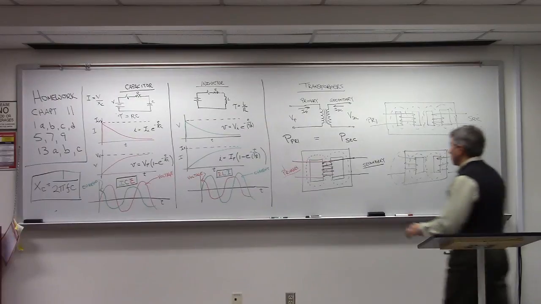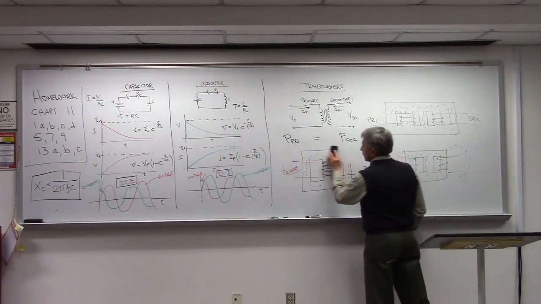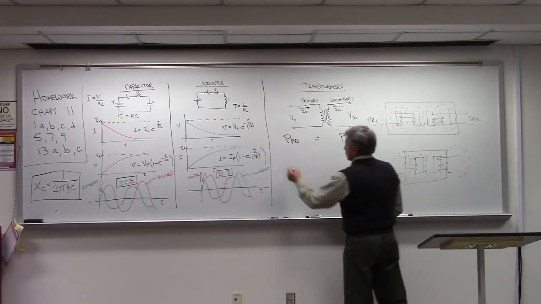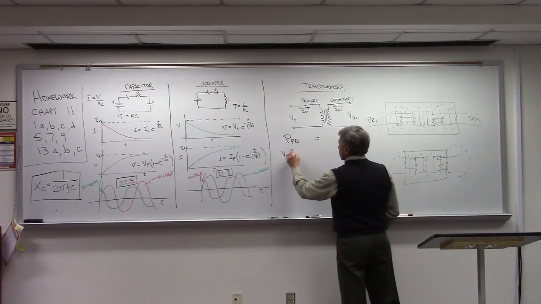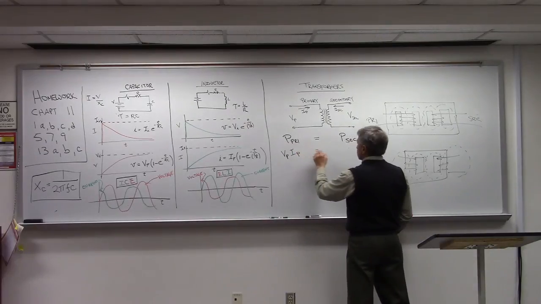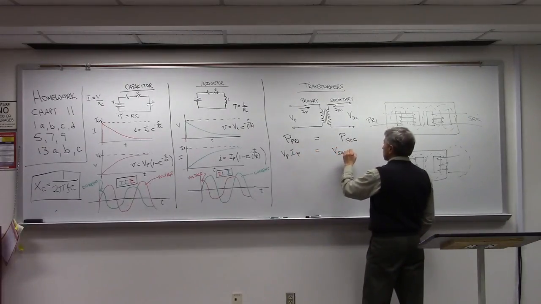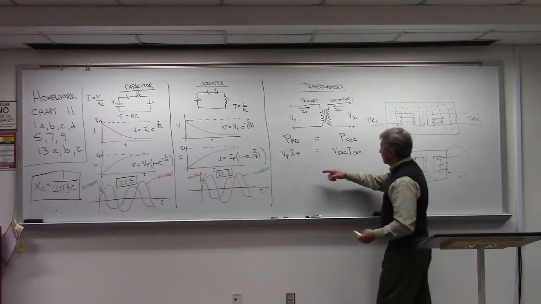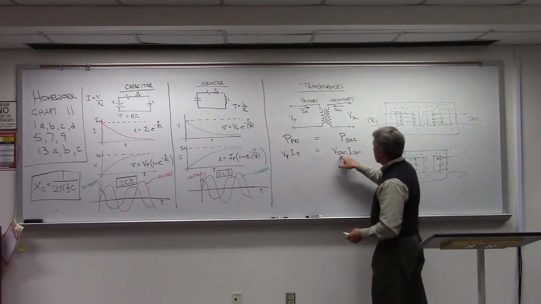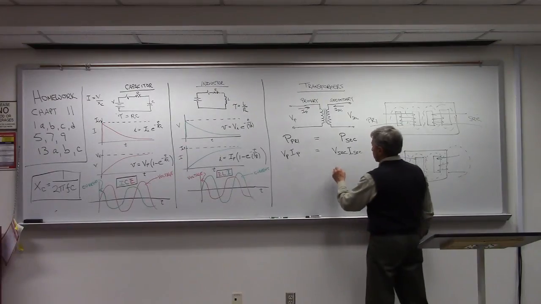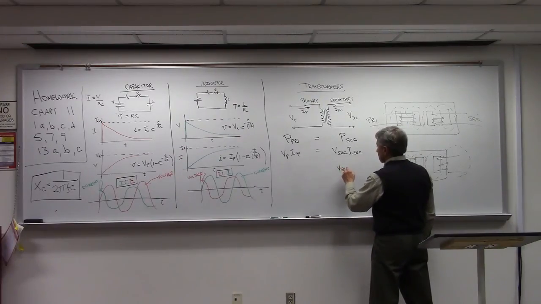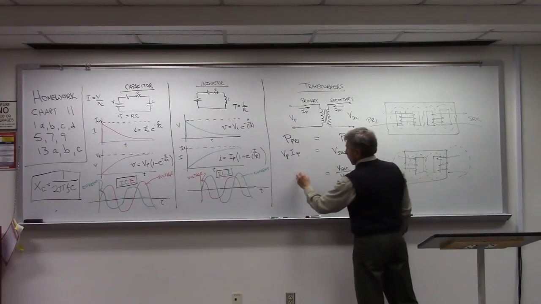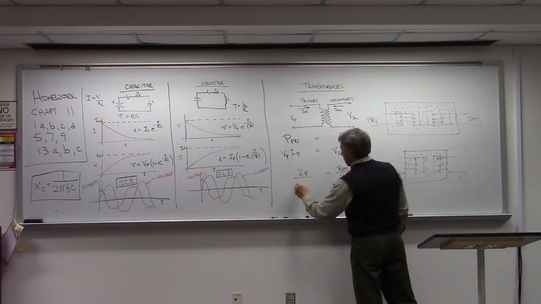And what is power? It's voltage times current. So the voltage on the primary times the current on the primary is equal to the voltage on the secondary times the current on the secondary. And so let's just divide by the primary, and we have V secondary over V primary, and that is equal to I primary over I secondary.